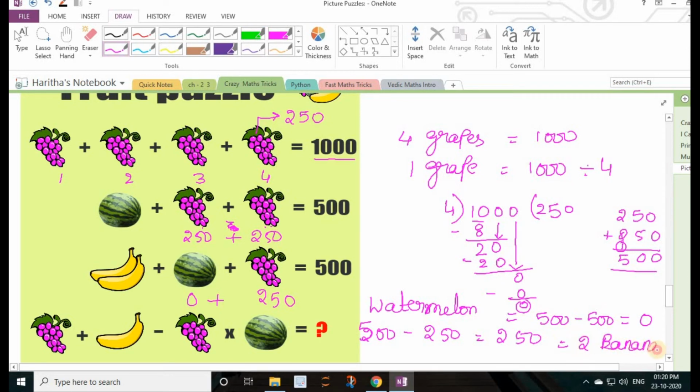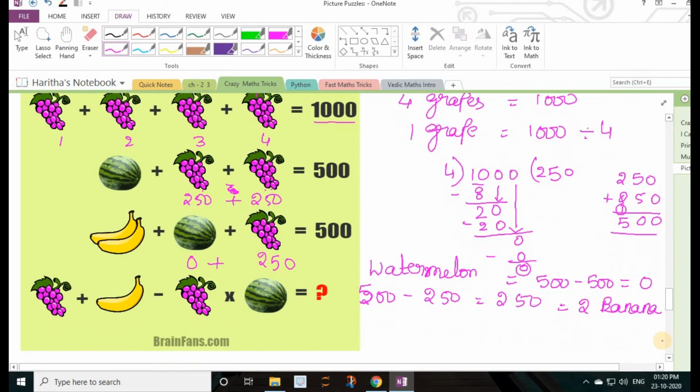We have to find out for 1 banana, right? Not 2 bananas. So again we'll go for division, half of that. 1 banana is equal to 250 divided by 2. So half of 250 is nothing but 125.